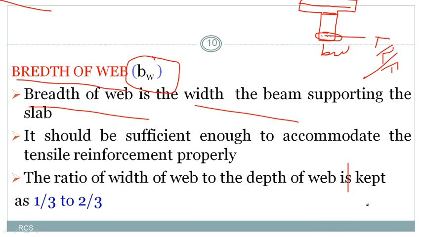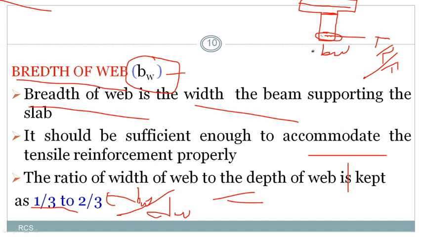The ratio bw by the depth of the web must be chosen between 1/3 and 2/3. Here bw and this will be your dw.